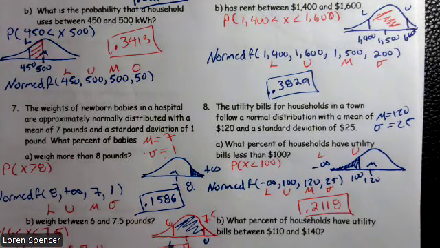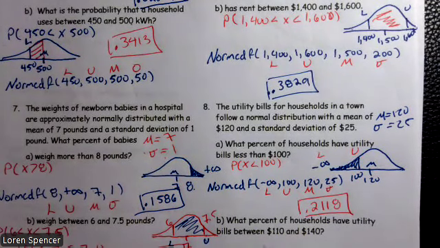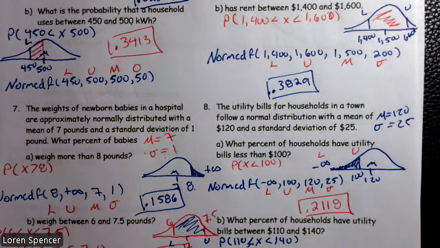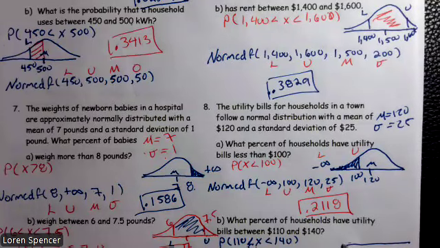What percent of households have bills between 110 and 140? So we want the probability that 110 is less than X is less than 140. I said that wrong at first. So drawing a picture of this, we're still centered at 120.